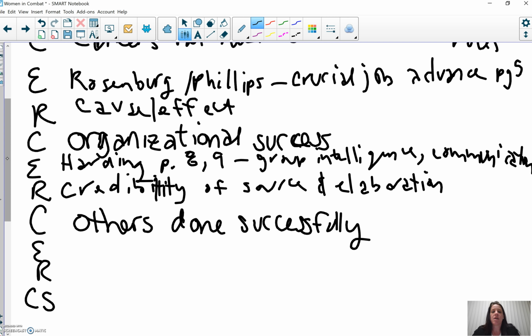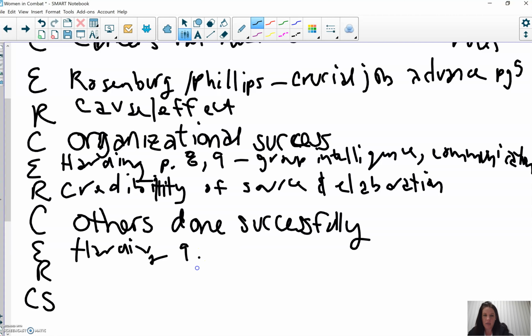And finally, the idea that others have done this successfully. For this one, we're going to talk about the different military branches in different countries. Specifically, they talk about the IDF and the Norwegian military. So that's my evidence. This is also from Harding, page 9.